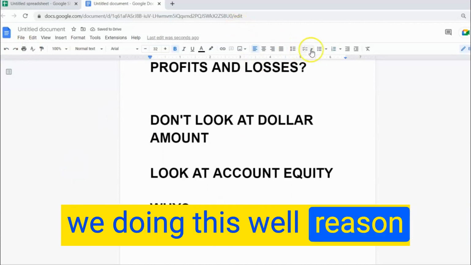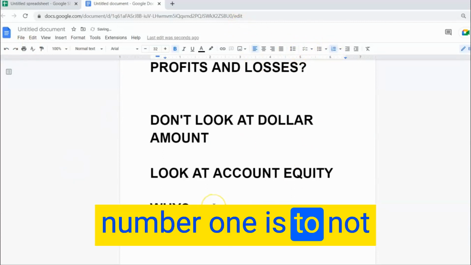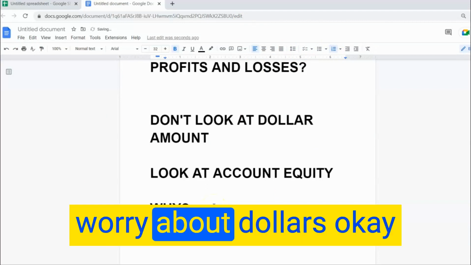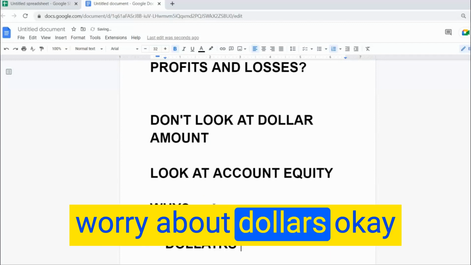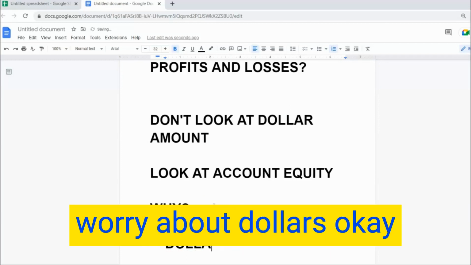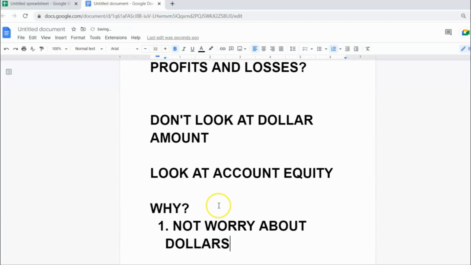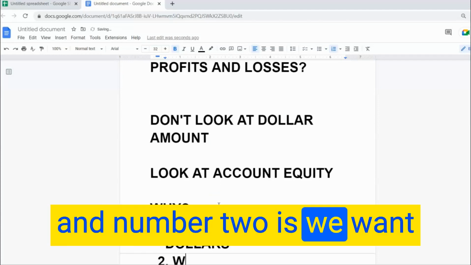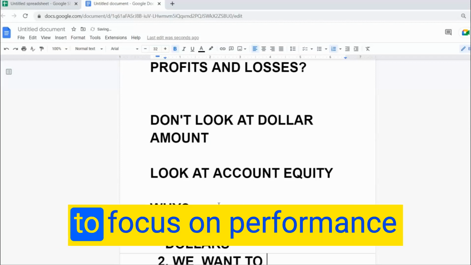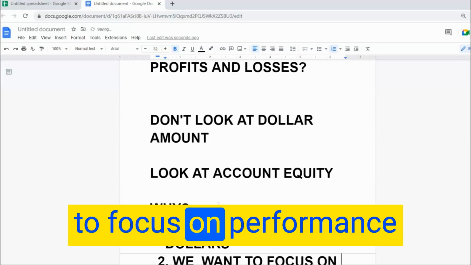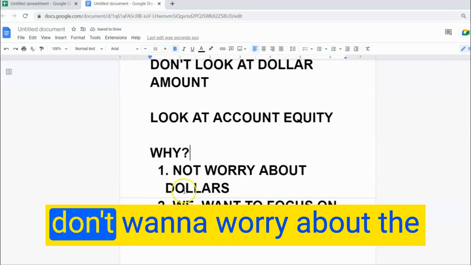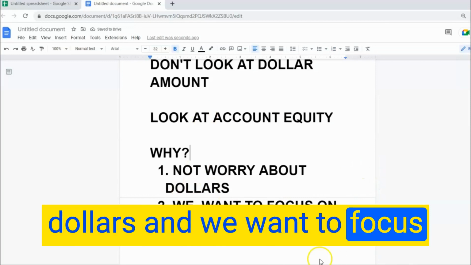Well, reason number one is to not worry about dollars. And number two is we want to focus on performance. So basically the reason we're doing this is we don't want to worry about the dollars and we want to focus on performance.